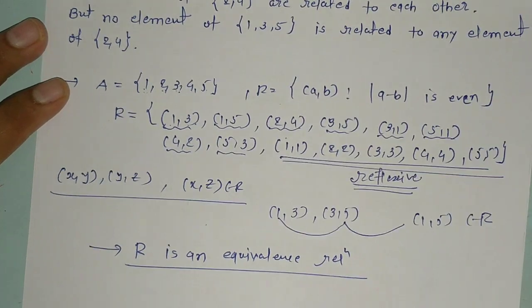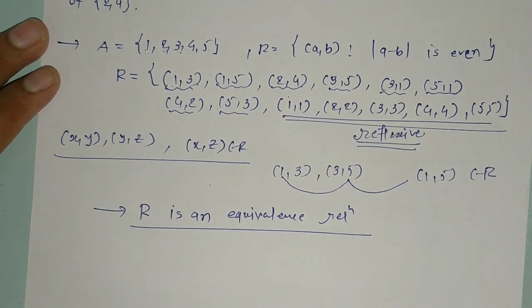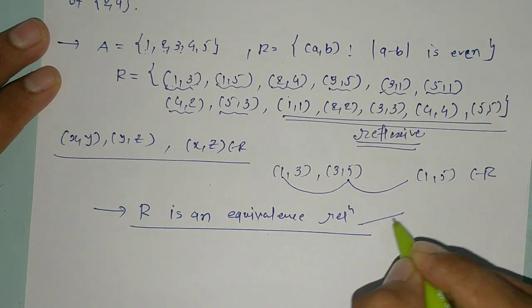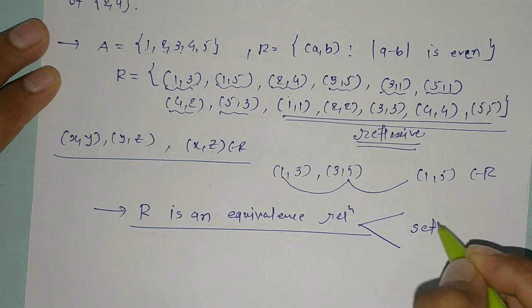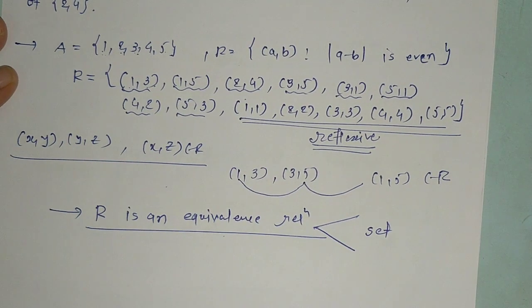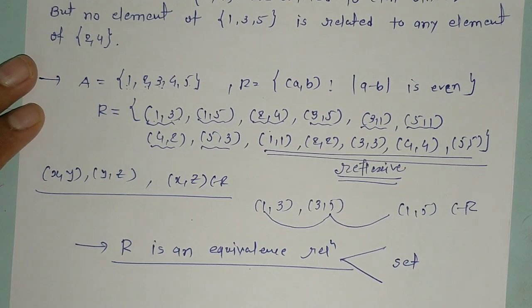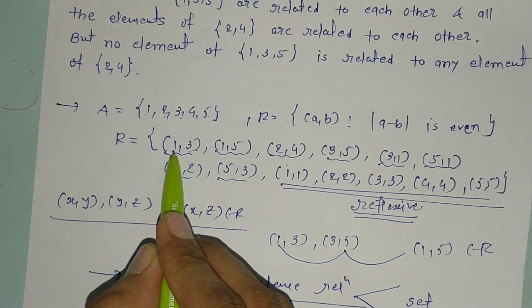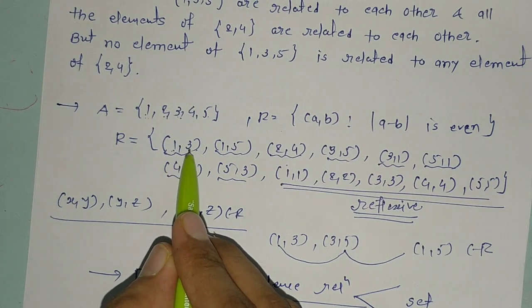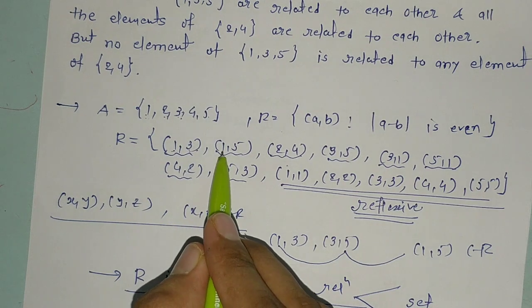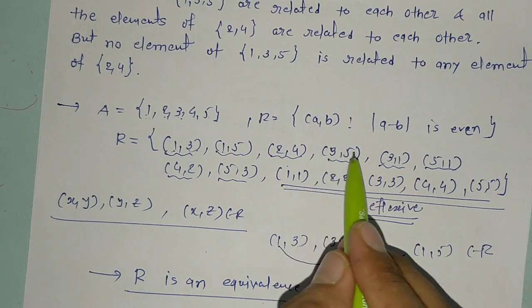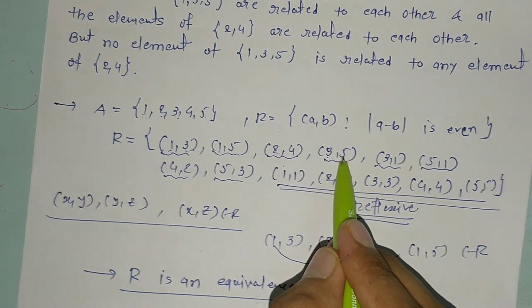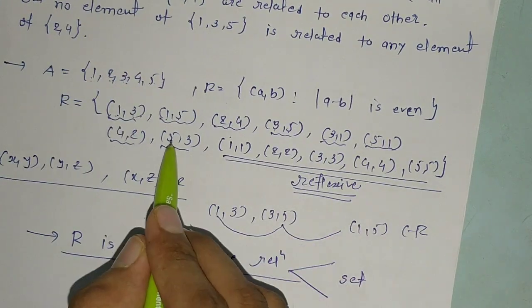Now, as we just studied, a further property of an equivalence relation is that the equivalence relation will partition the set. It means we now observe that the elements related to 1 are 3 and 5. 3 5, 5 1, 5 3.